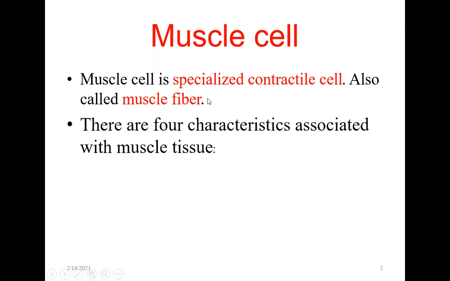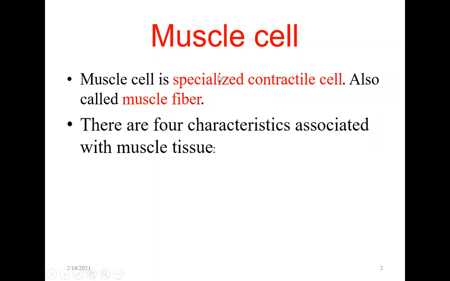It is actually a cell, but it is called a fiber because it is a long cell. It is specialized because these cells are not like the regular cells we have studied, and it has the ability to contract. So that's why it is a specialized contractile cell called the muscle fiber. Muscle cell and muscle fiber are both the same.